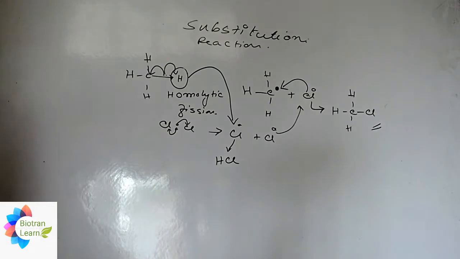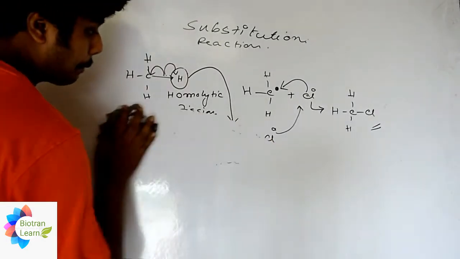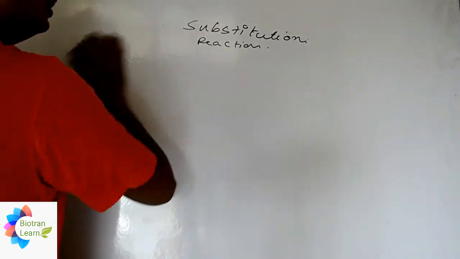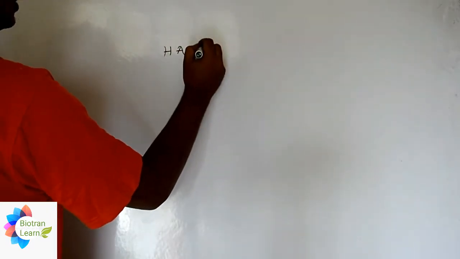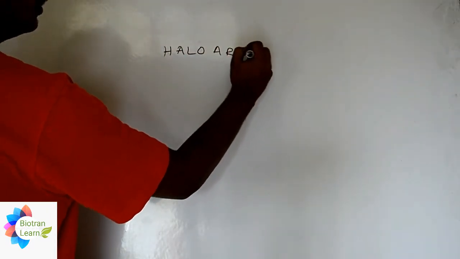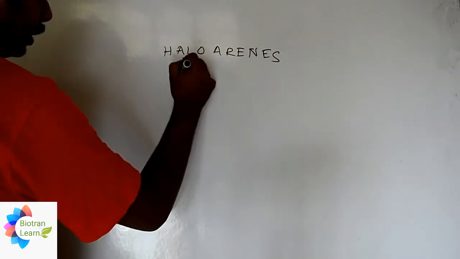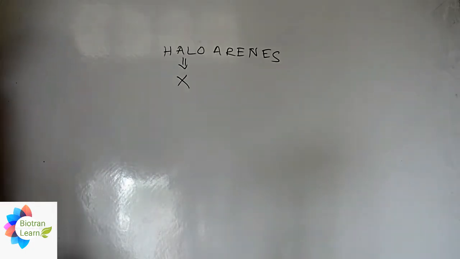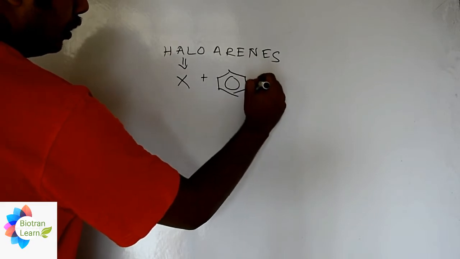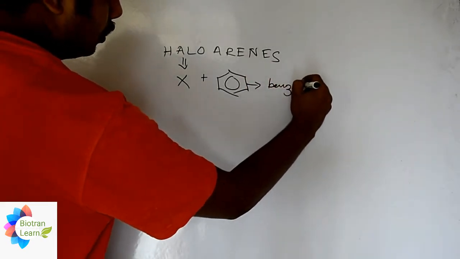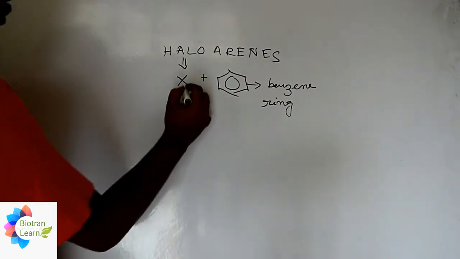So let's move on to the details of the chapter. Okay, so now there was another topic known as haloarenes. Why are those called haloarenes? Suppose in case of haloalkane we are having a halogen group in here, and then we are having a benzene ring containing group in here. So what would happen?